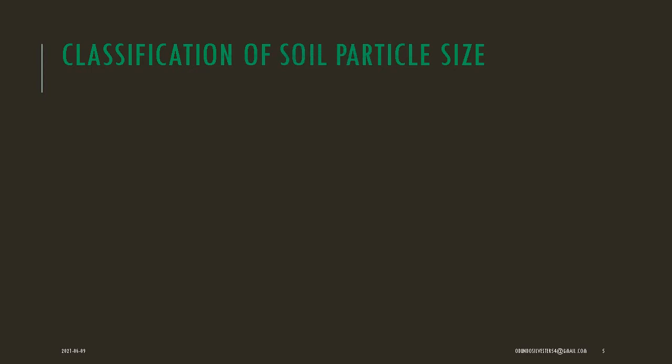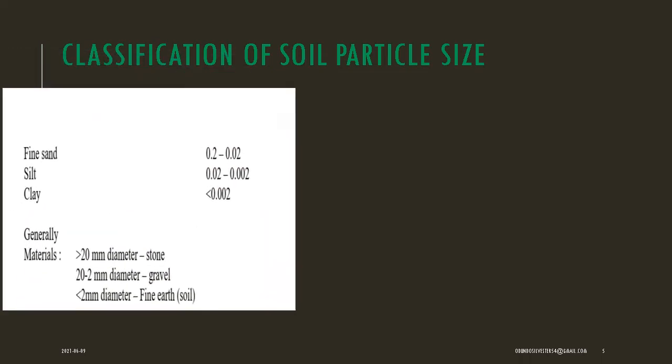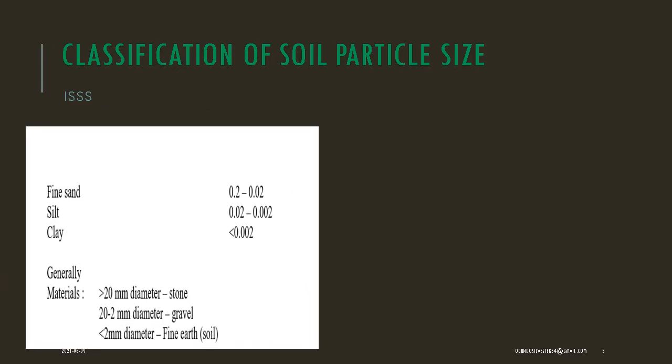Next, we want to talk about soil classification, and classification of particle size may be under ISSS, that is the International Soil Science Society classification, which categorizes the particle size in terms of fine sand, silt, and clay, where clay is anything less than 0.002 and fine sand is between 0.2 to 0.02.